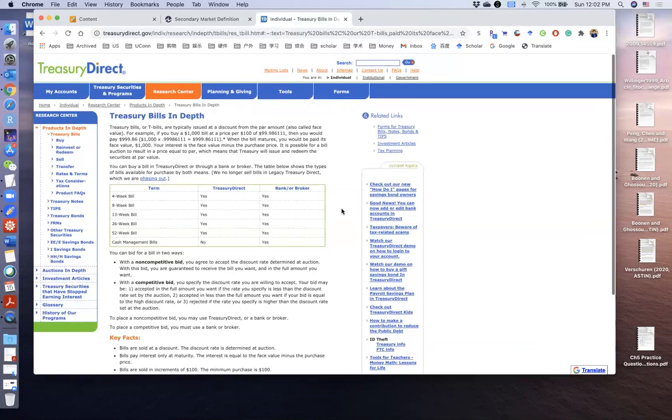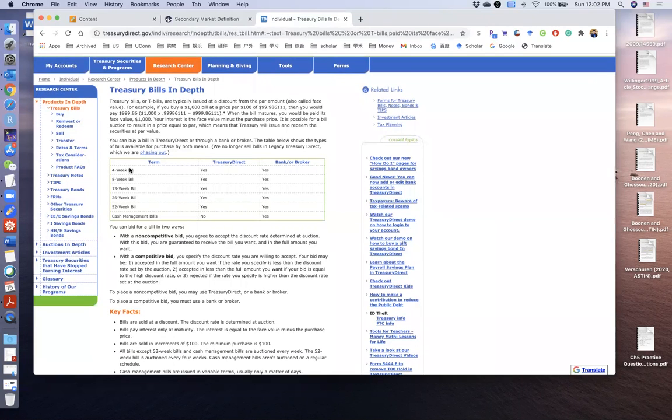This is the website, right? It's called the Treasury Direct. Here it gives you actually more information. One thing we notice is you can have 4-week bill, 8-week bill, 13, 26, all the way to 52. Although the textbook mentioned that 52 is currently not offered, you should check.